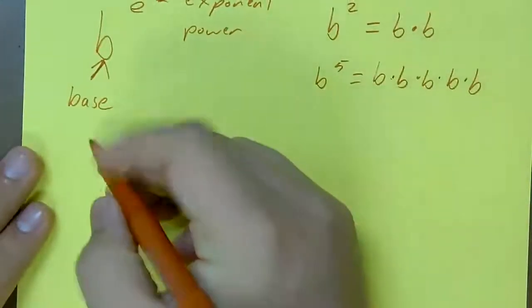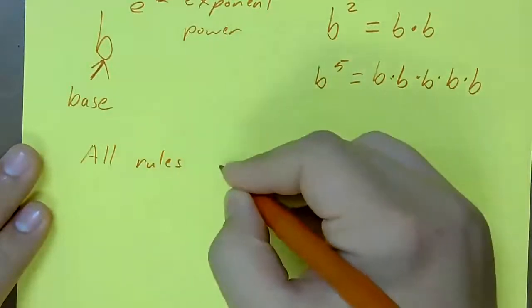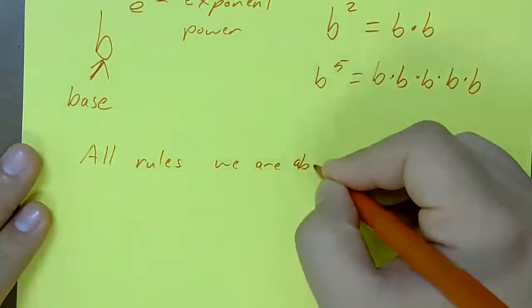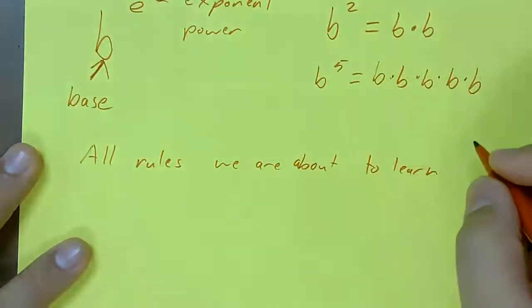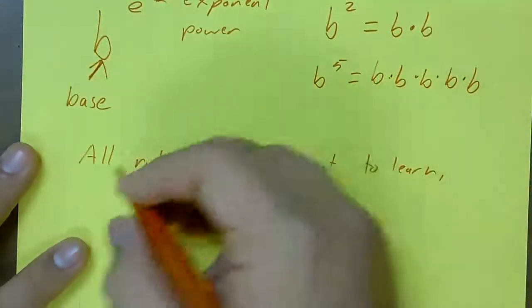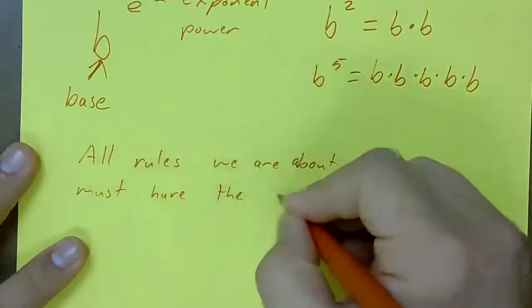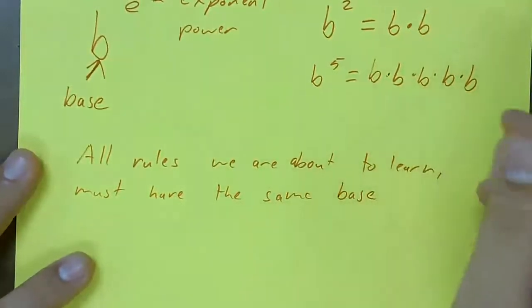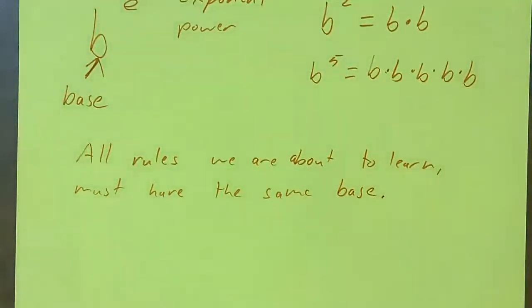One thing we need to know is that all rules we're about to apply, all rules we're about to learn, must have the same base. If they don't have the same base, then we cannot apply the rule here.